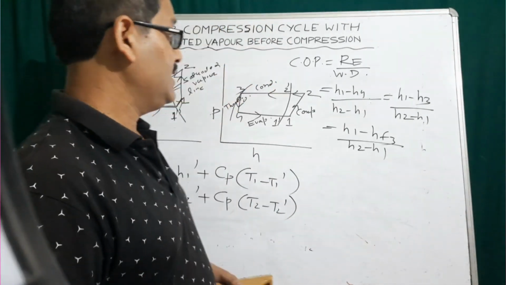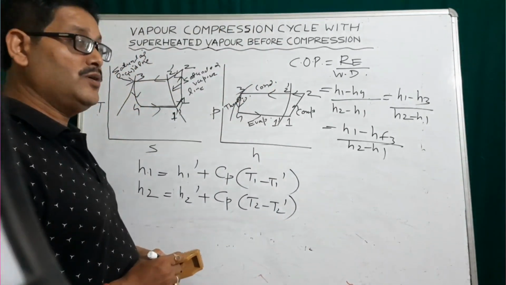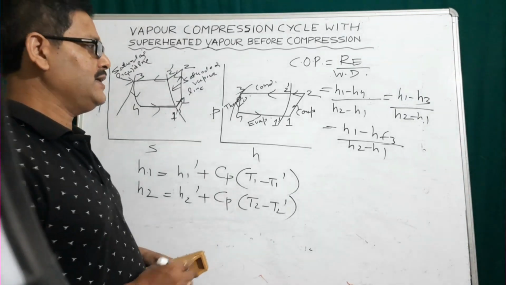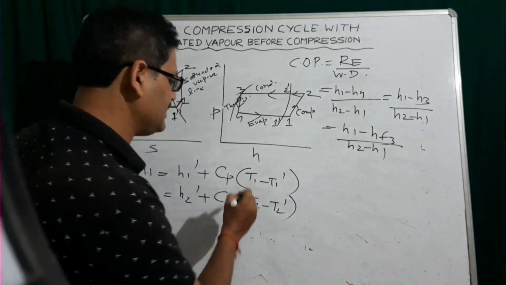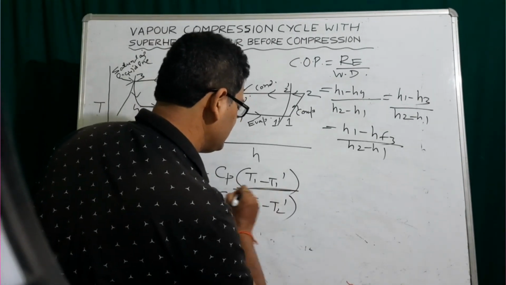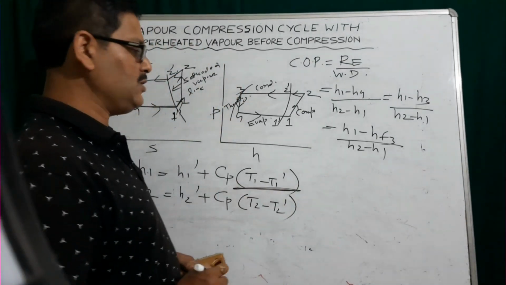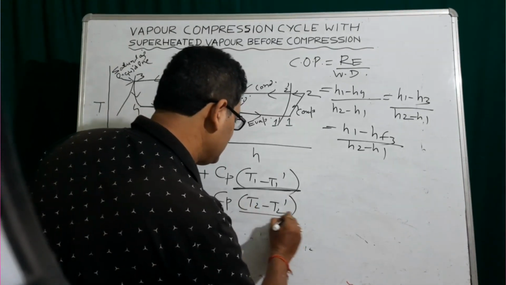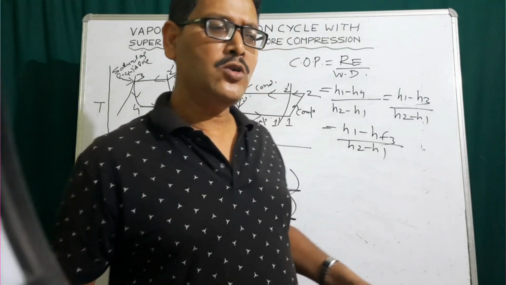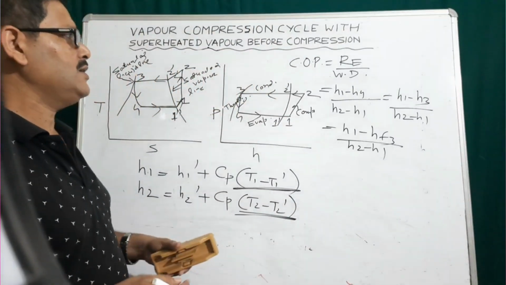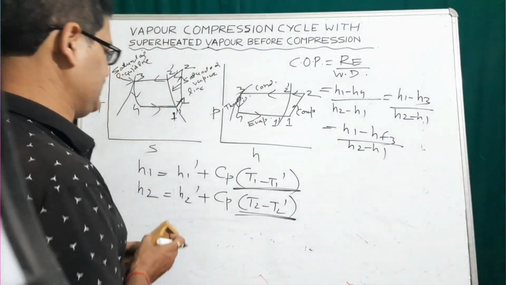And you need to know the degree of superheat either here or here. That means either the difference between T1 minus T1 dash or T2 minus T2 dash should be known to us to find out the coefficient of performance.